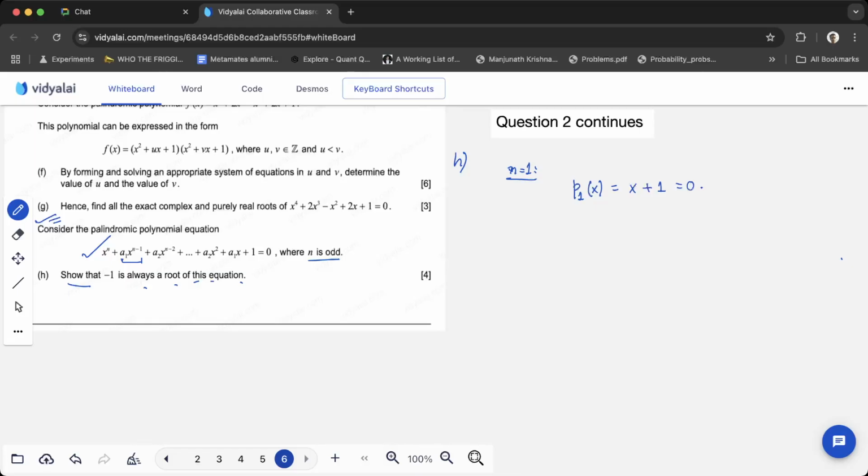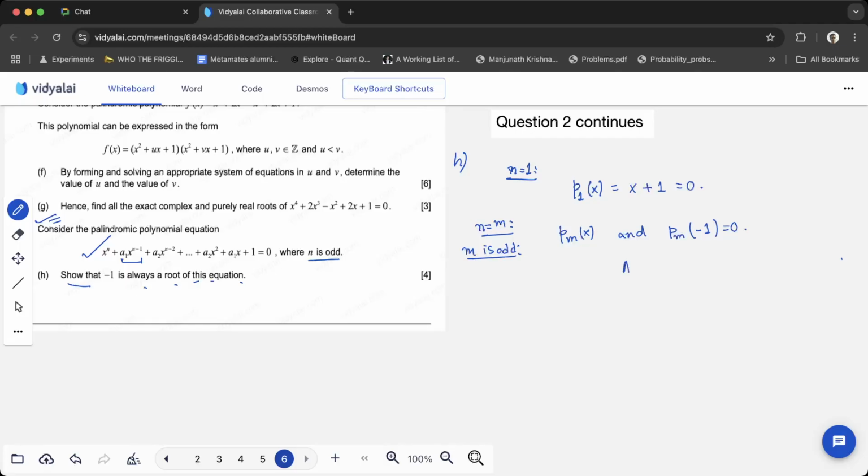So according to mathematical induction, we assume that for n equals m, where m is odd, we have p_m of x, and p_m of minus 1 is equal to 0. That means that minus 1 is a root of p_m, the mth order polynomial. So let us say this is true.